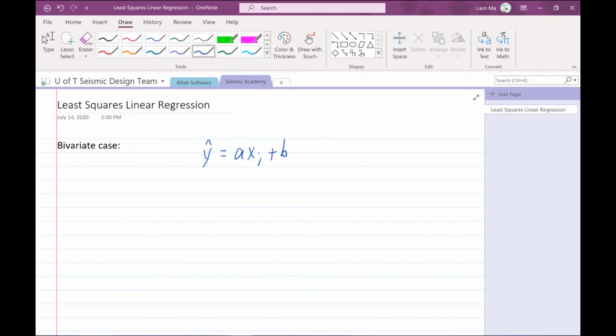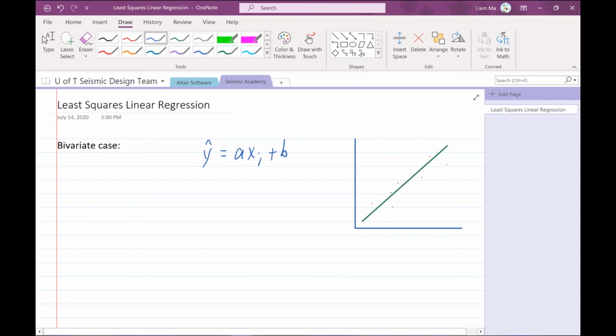The goal of least squares linear regression is to basically fit this line to a couple of different data points. So I'm going to, as an example, consider these red dots as our data points, and this green line as the line of best fit between them.